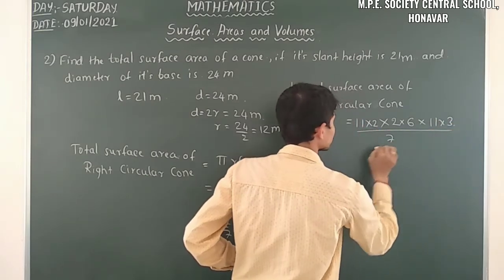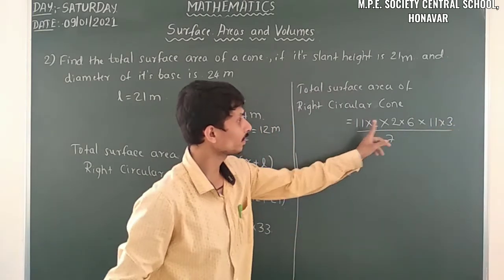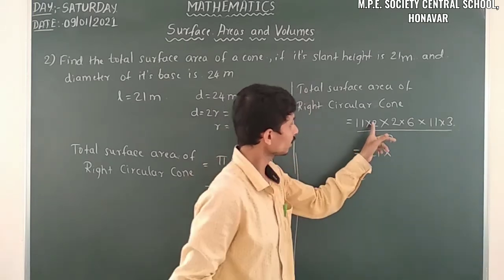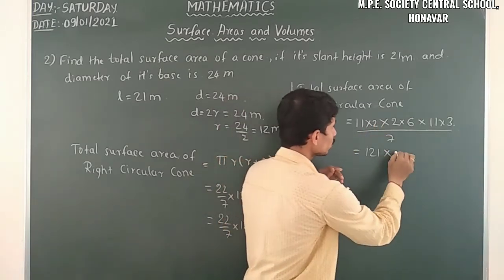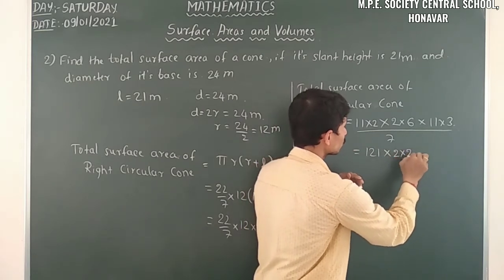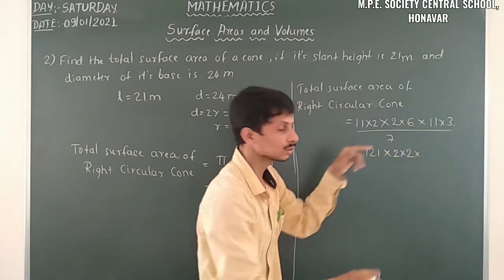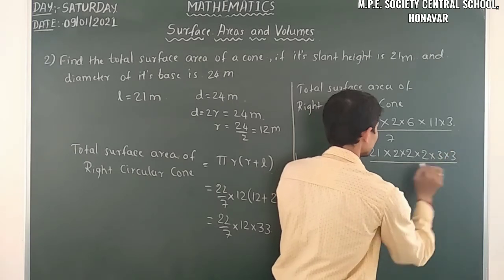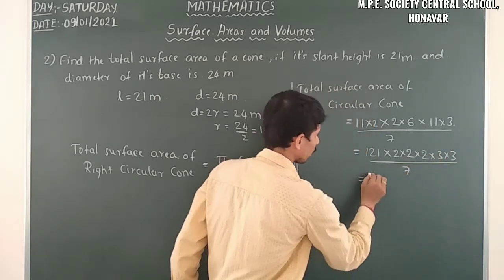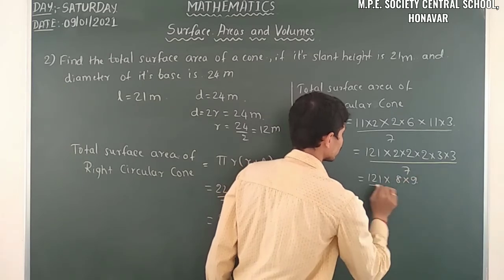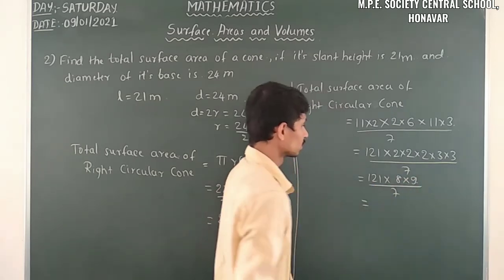divided by 7. Just observe, 11 into 11 is 121. And here we have 2 into 6, where I will write 6 as 2 into 3, and here we have 3, divided by 7, is equal to 121 into 8 into 9 divided by 7.